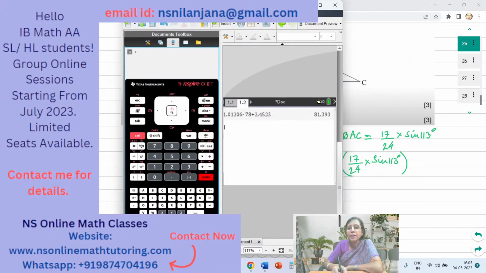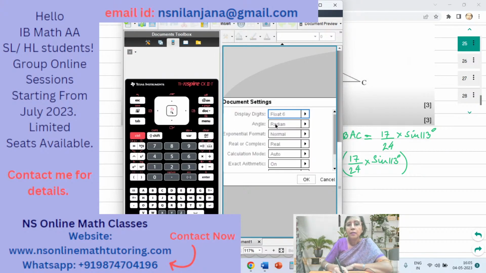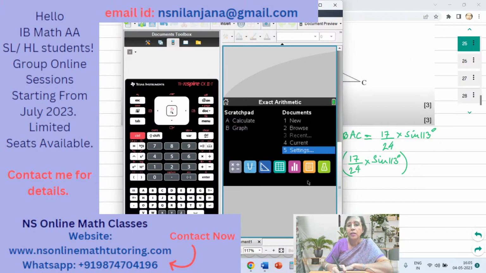Since it is in degrees and I'm having the setting in radians, first of all, let me go to the settings. Change this to degrees. This is important. If you keep it in radians, you will be getting a wrong answer. Definitely you will be getting a wrong answer.